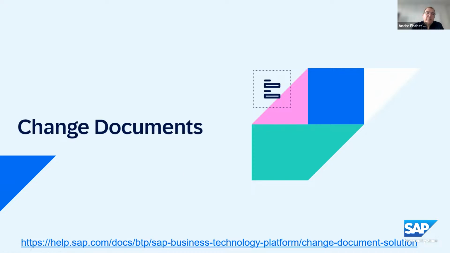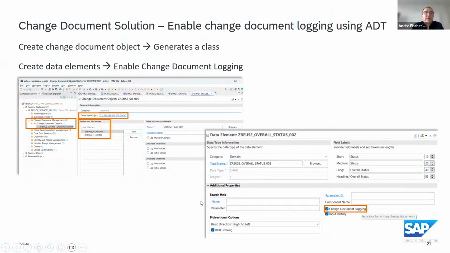This is now where we come to change documents. So what are change documents? Change documents are a way when you want to record changes to objects. So let's say here in that case, the sales order, we create a so-called change document object, and this contains the two tables that are underneath my RAP BO, the Z reuse head and item.